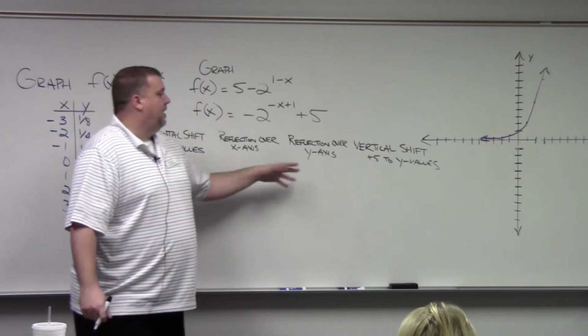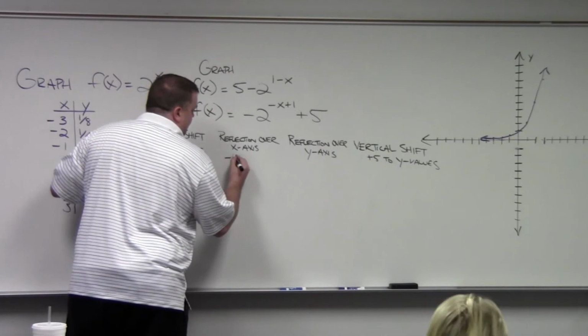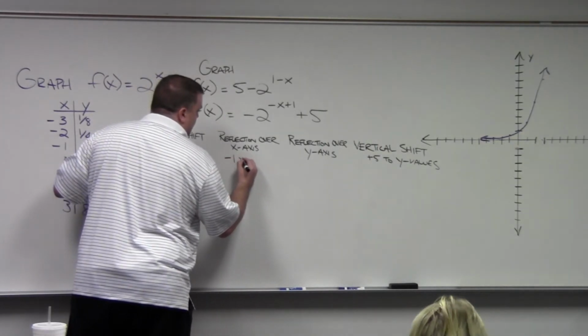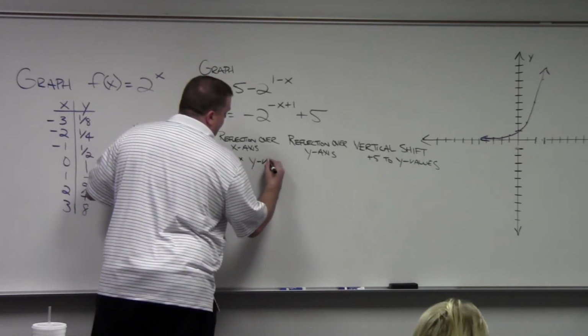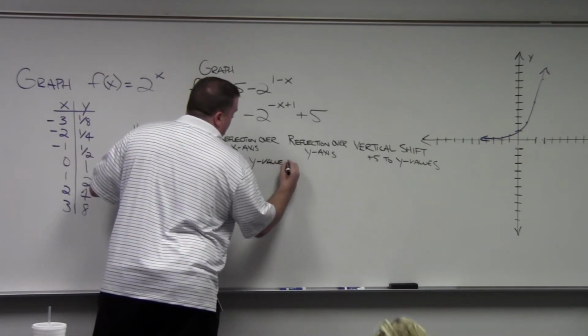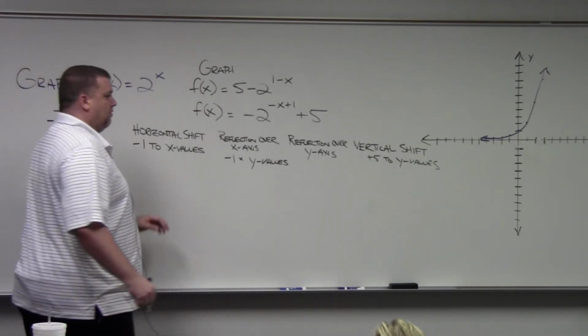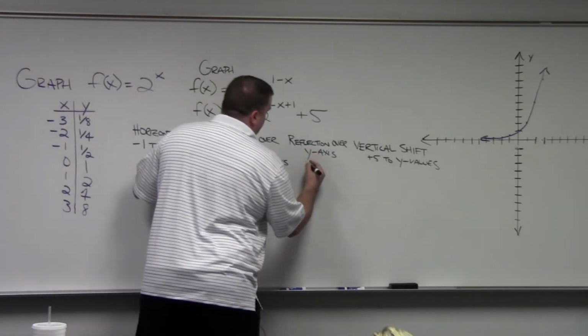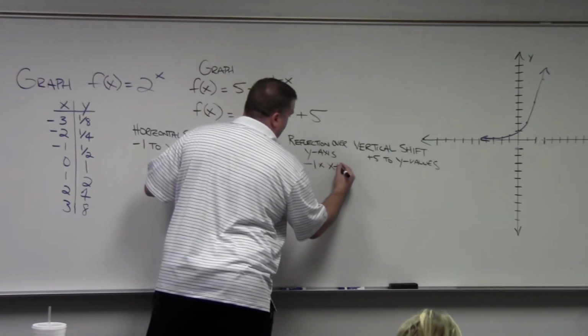For reflections, all you have to do is multiply by negative 1. So negative 1 times your y values for reflection over the x-axis. For the reflection over the y-axis, it would be negative 1 times your x values.